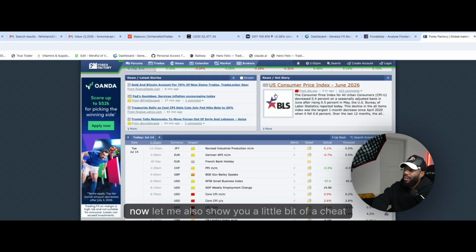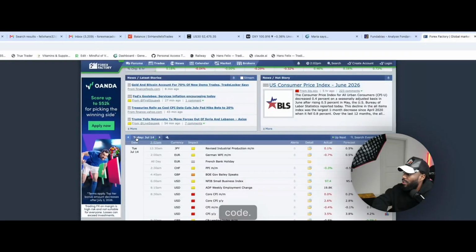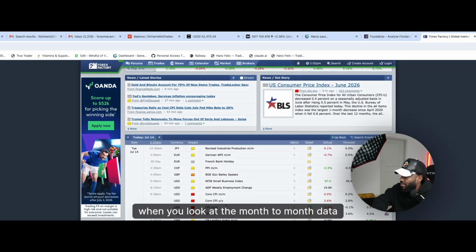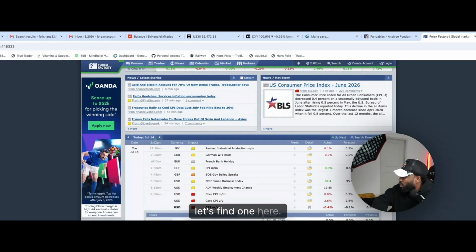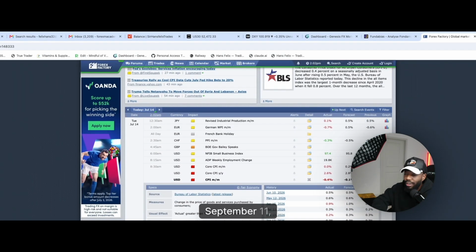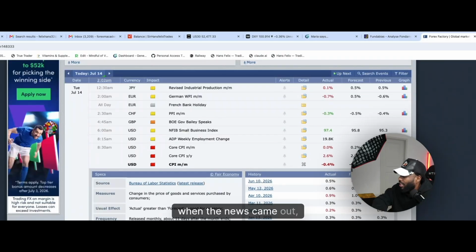All right. Now, let me also show you a little bit of a cheat code. When you look at the month to month data and the numbers come out higher than expected, for example, let's find one here. Boom. September 11th, 2025. The forecast was 0.3%. But when the news came out, 0.4% was what ended up printing.